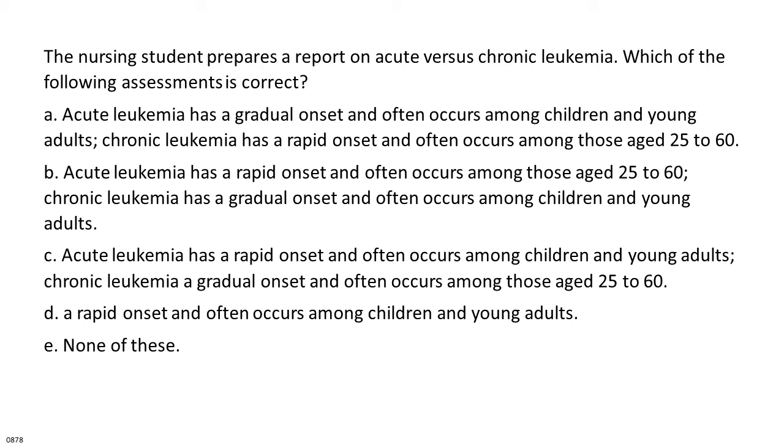Chronic leukemia has a gradual onset and often occurs among children and young adults. C. Acute leukemia has a rapid onset and often occurs among children and young adults. Chronic leukemia has a gradual onset and often occurs among those aged 25 to 60. D. A rapid onset and often occurs among children and young adults. E. None of these.